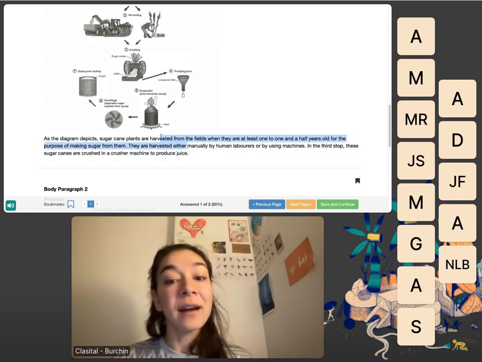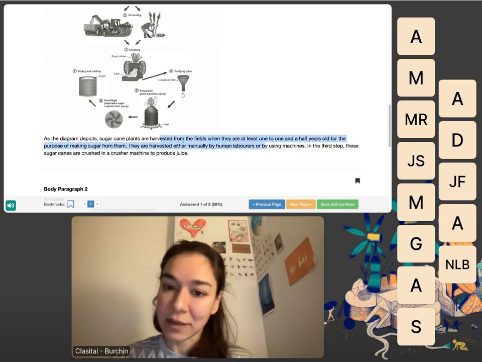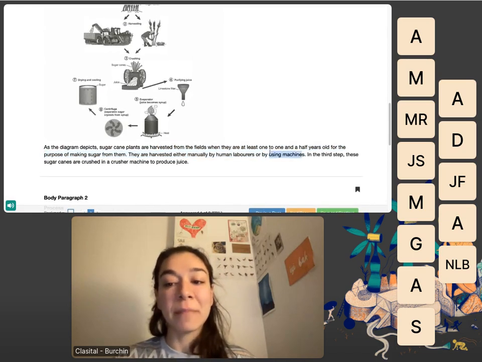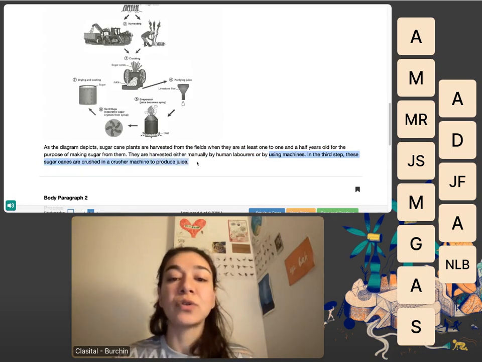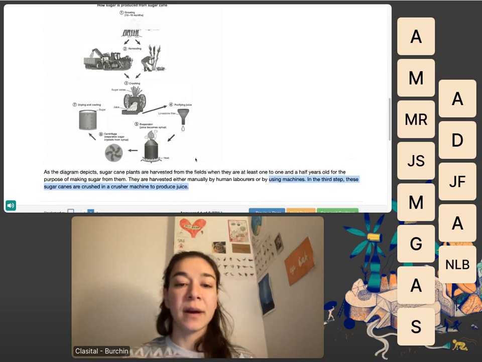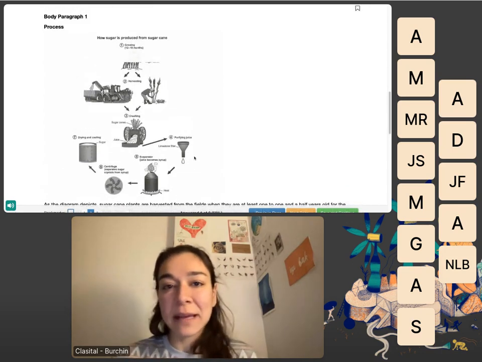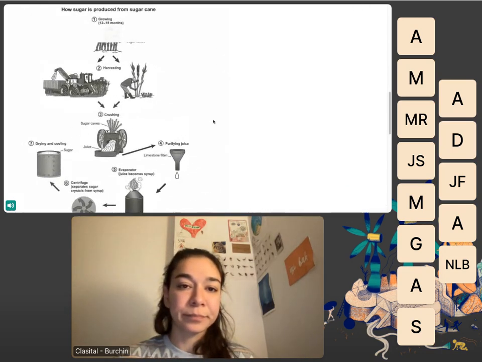They are harvested either manually by human laborers or by using machines. In the third step, these sugarcanes are crushed in a crusher machine to produce juice. So I'm just explaining the process.